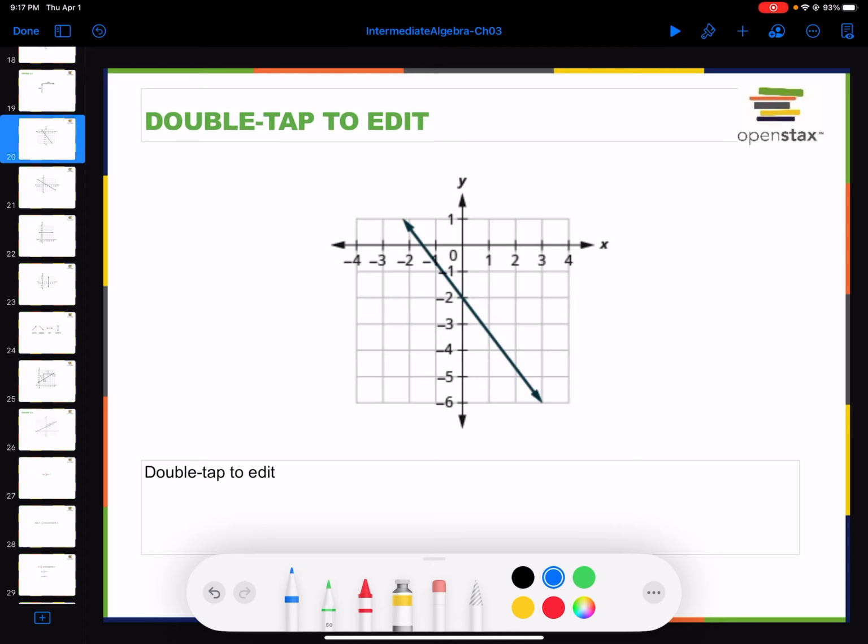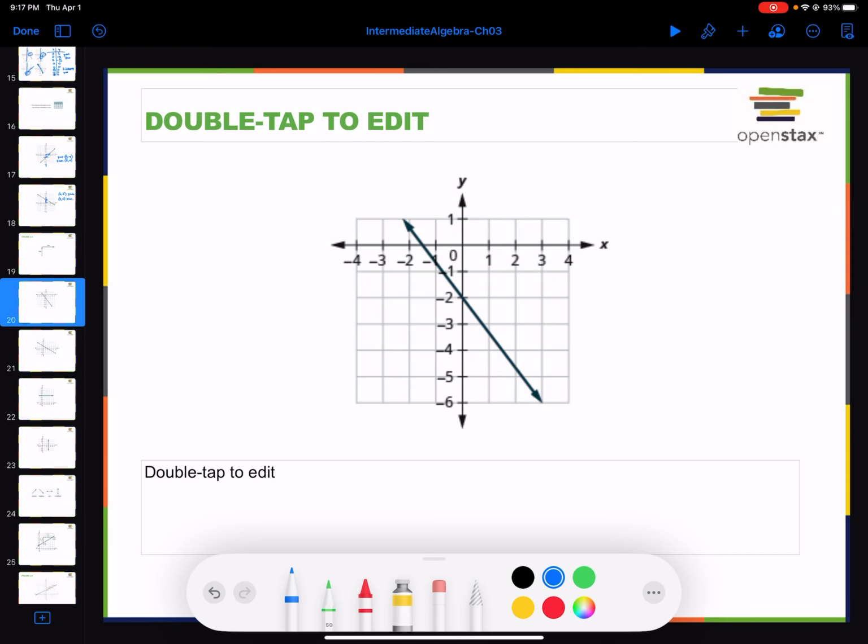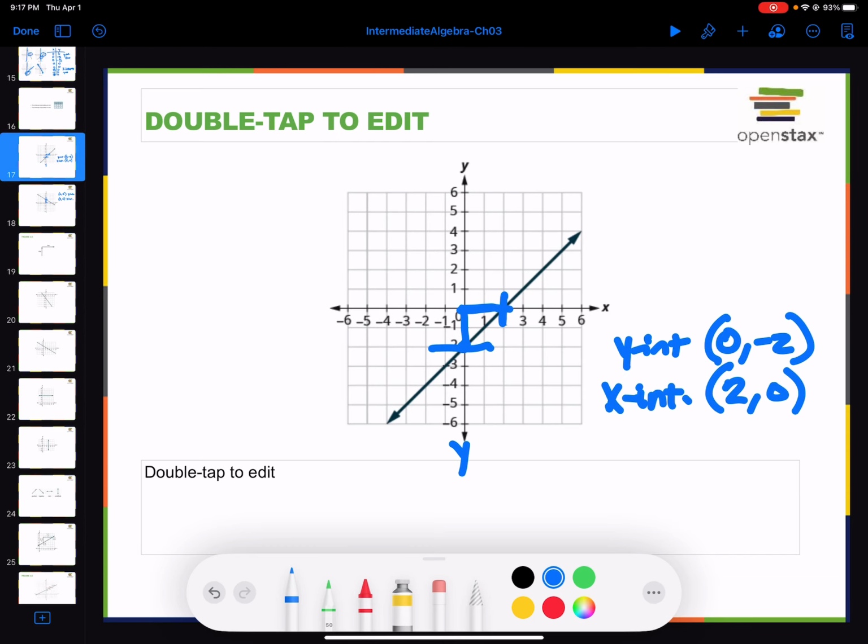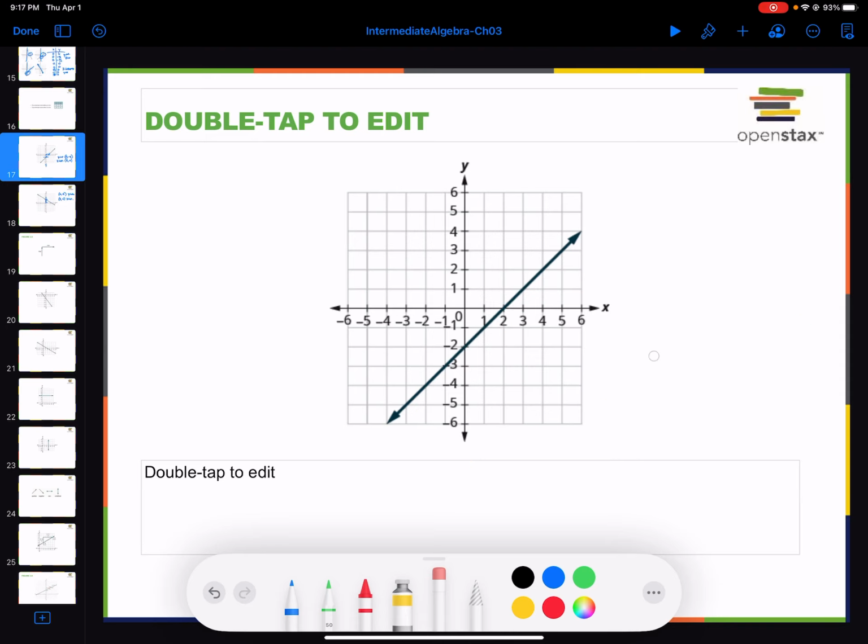So let's look at this particular line. Let's go to this one actually. So let's consider the slope of this line. It's easiest if you can go from an intercept to an intercept, or from one point that's very clearly a point to another.